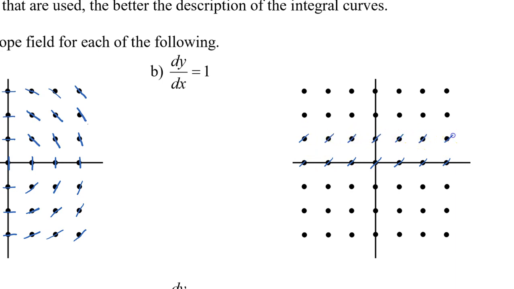And this should make sense because you actually know how to find the antiderivative of 1. So let me just finish this off really quickly. So all of these will have a slope of 1, such as so.